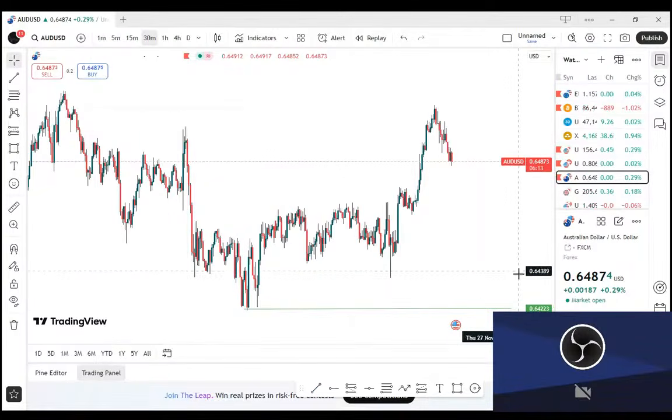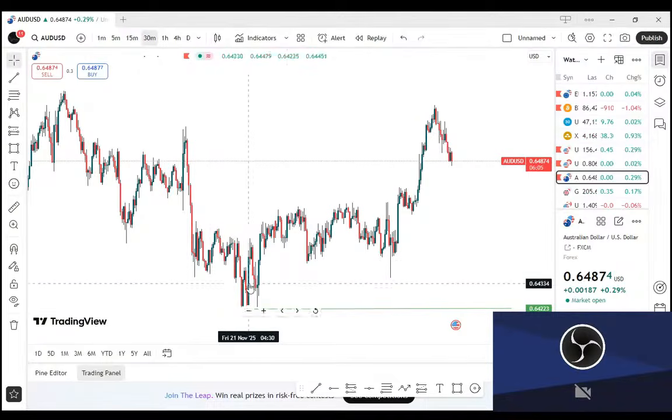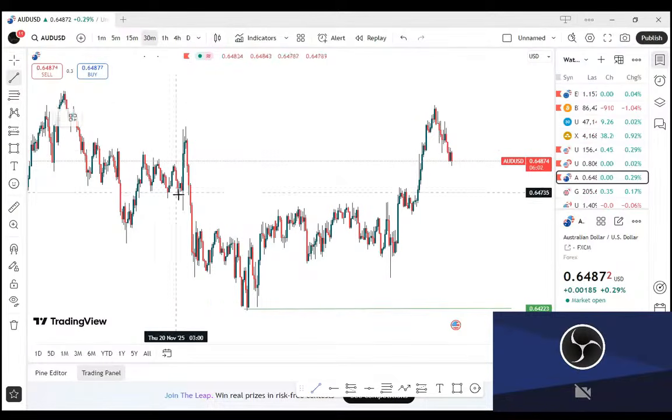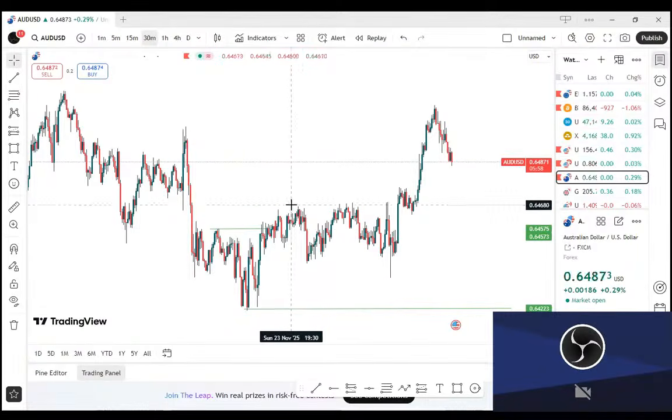This is the lowest level price dropped to, which is 0.64220, and this is when it started making an upswing, taking all these highs, giving us an uptrend structure. This is when we make a retracement and give us a push again.